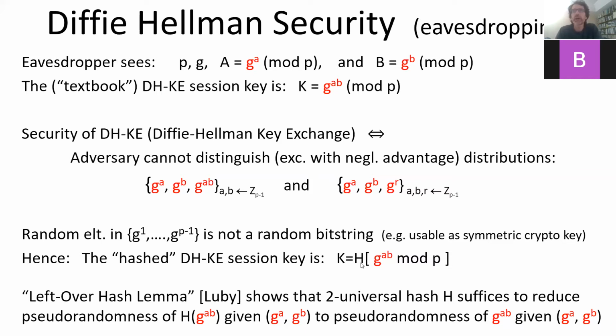But even given the function description, meaning all keys, if there existed any, are published as a description of the hash, no polynomial time attacker can find two inputs which hash to the same value, right? So in that sense, it's stronger than a two-universal hash.